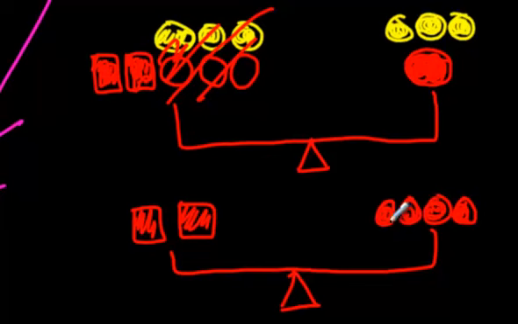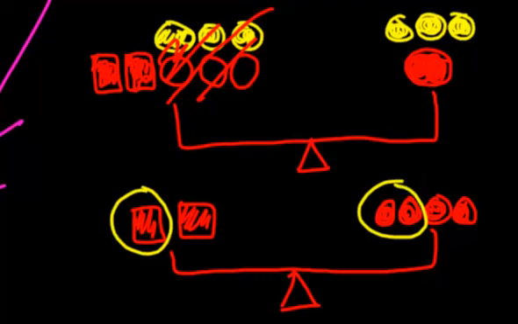Still not the answer we're looking for because we want x all by itself. We just want one of these. Okay? So if you divide these in half, then you also have to divide these in half. So if you divide this by 2, you have to also divide this by 2.